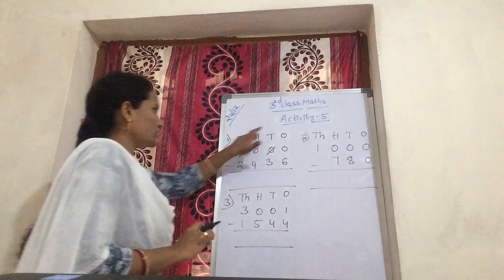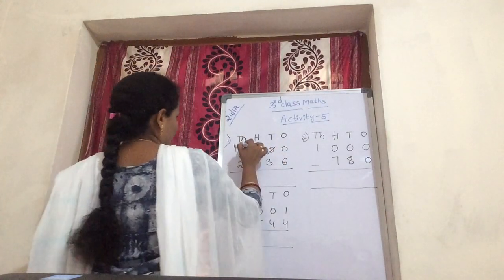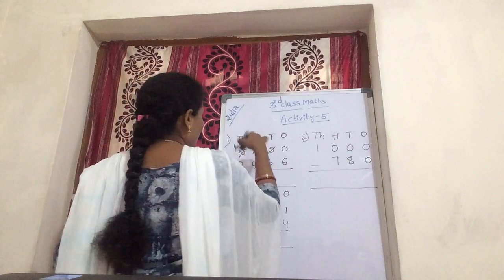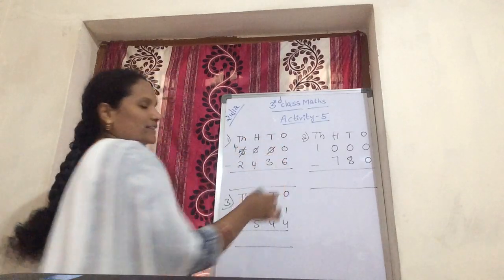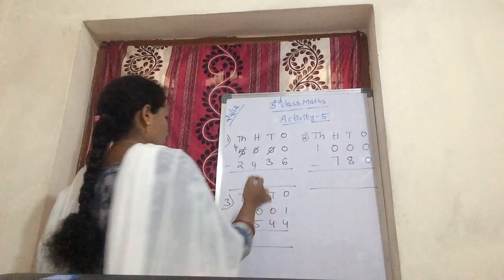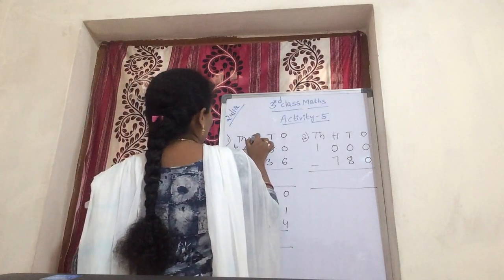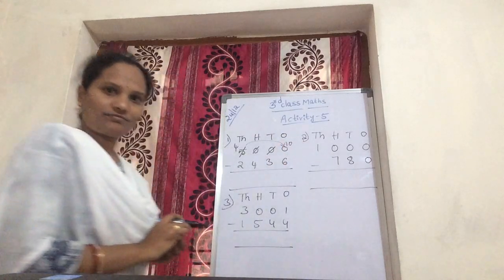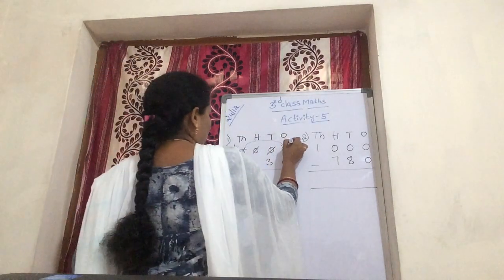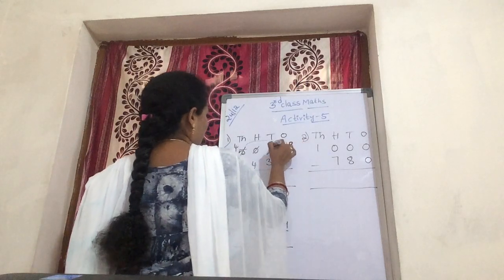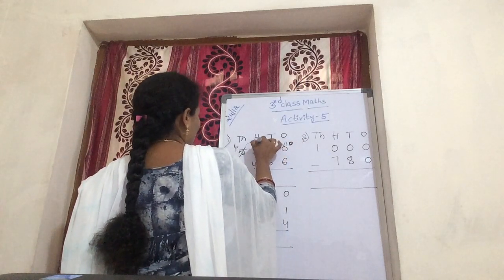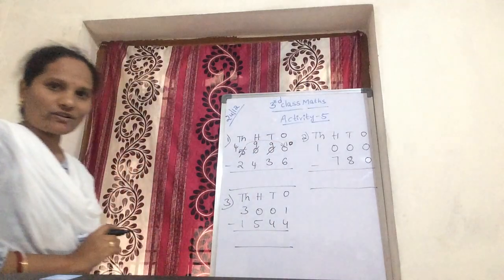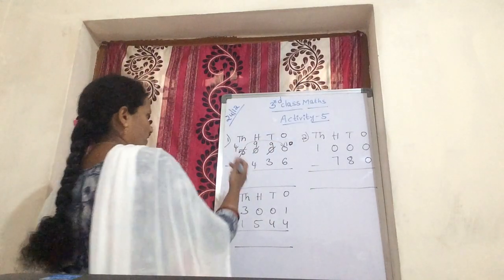Here to here, it's a shifting. Now 10. This 0 is a 9. Here also 9, because it's a shifting.